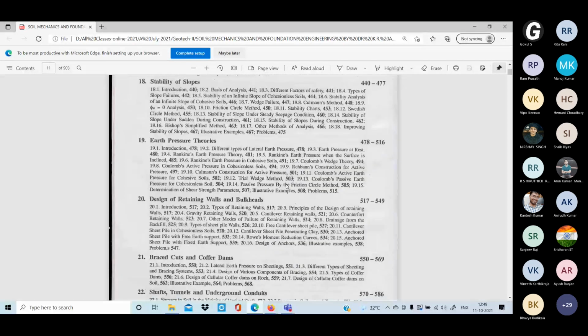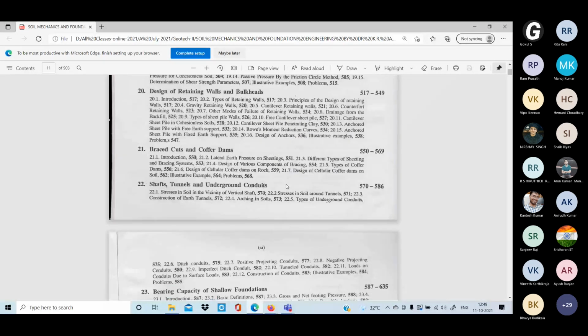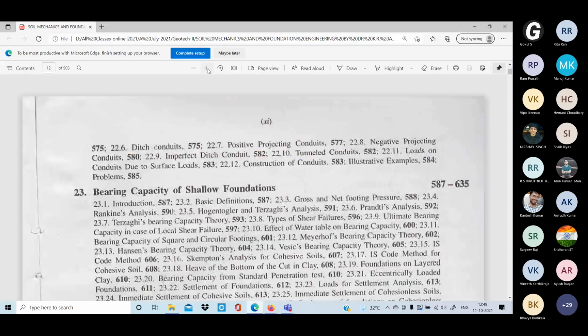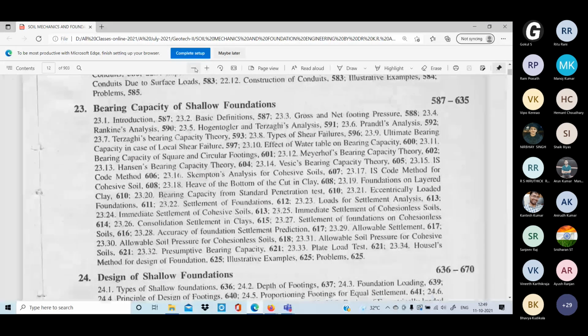Site investigation, earth pressure and so on. Bearing capacity of shallow foundation. This we have discussed. So definition, everything we have seen.